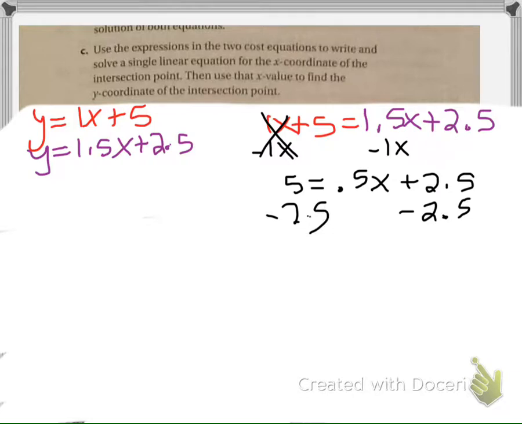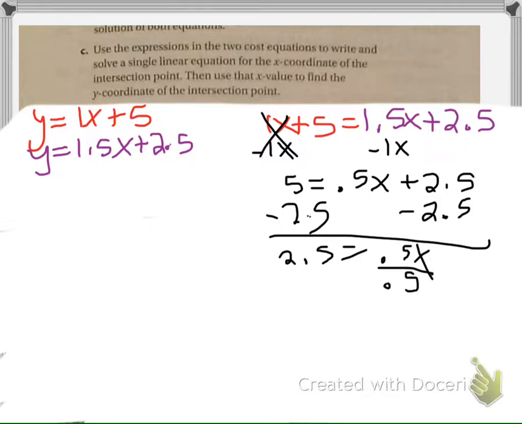Now 5 minus 2.5 is 2.5, equals 0.5x. And now to get x by itself, I have to divide by 0.5 on both sides. Now 0.5 goes into 2.50 5 times. So 5 equals x.